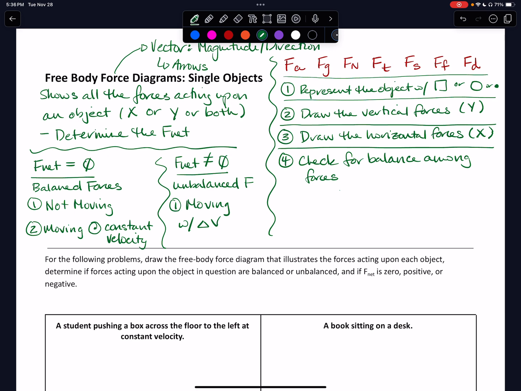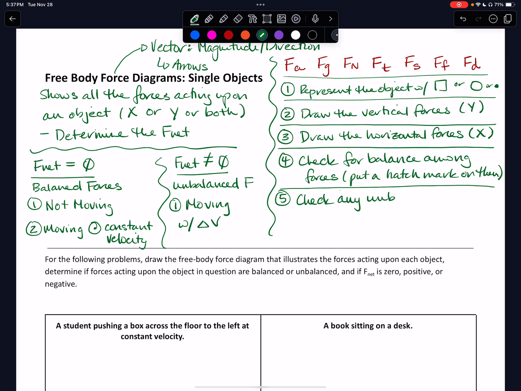Y forces can balance other Y forces and X forces can balance other X forces. When I find forces that are balanced, I put a hatch mark on them. And I'll show you what that looks like. That's just an indicator that these two forces that have the same hatch mark are equal and opposite of one another.